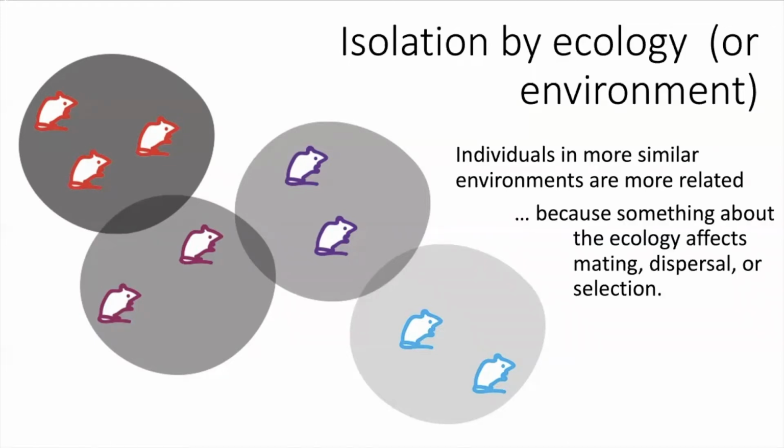And that occurs because there's something about the ecology or the environment that affects who mates with who, where offspring are able to disperse to, or the selective environment.